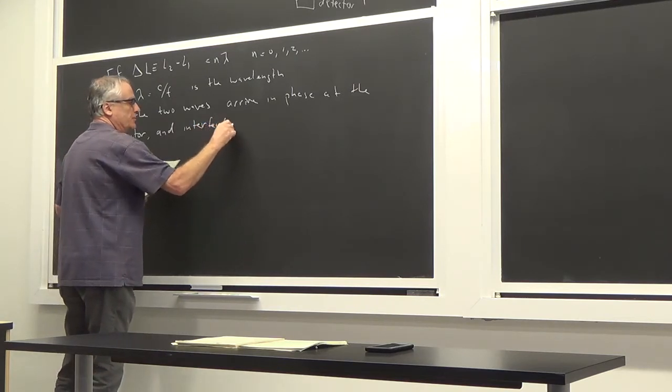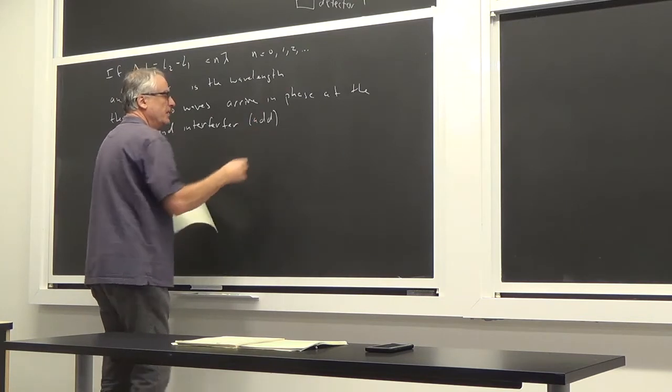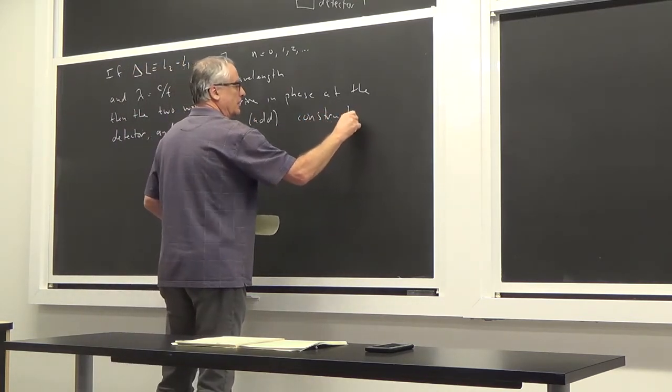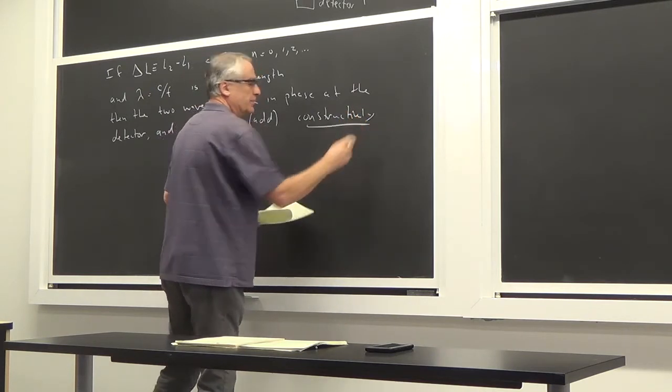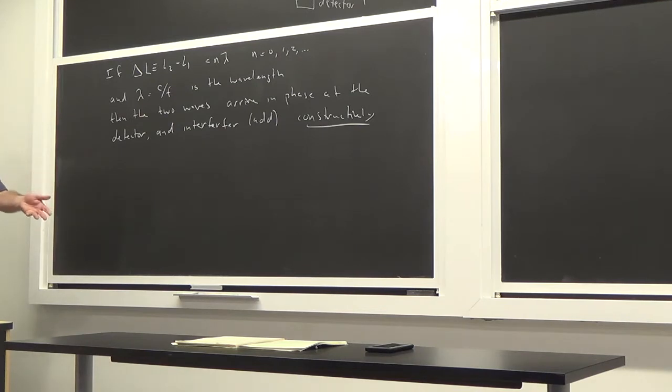And superimpose or interfere, that just adds the superposition constructively. So we call that constructive interference. When two waves are coming in phase, one wave has a phase like this, the other wave has a phase like this, and they just add. The other path.